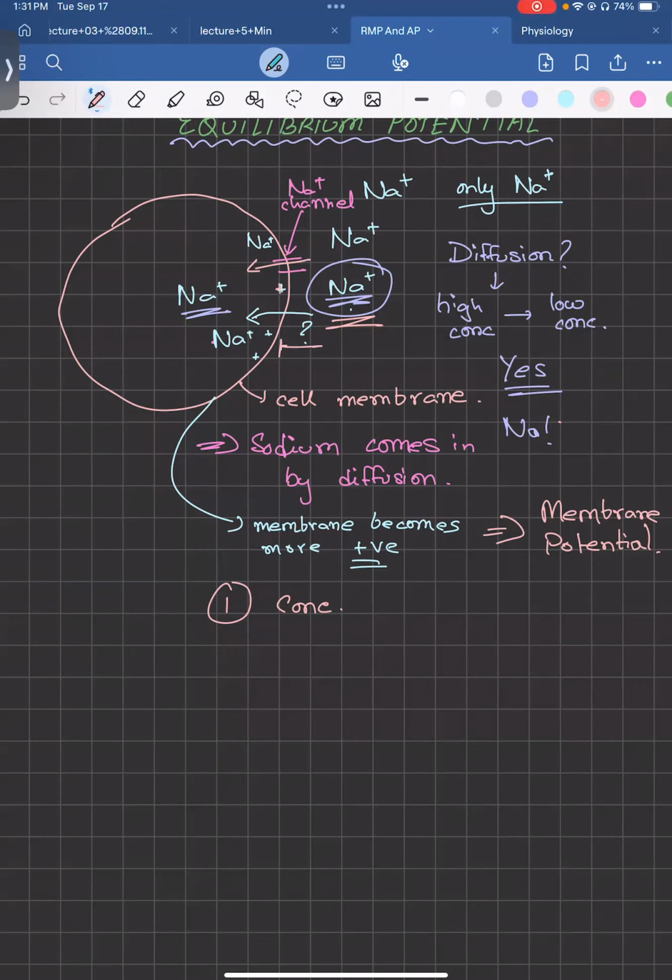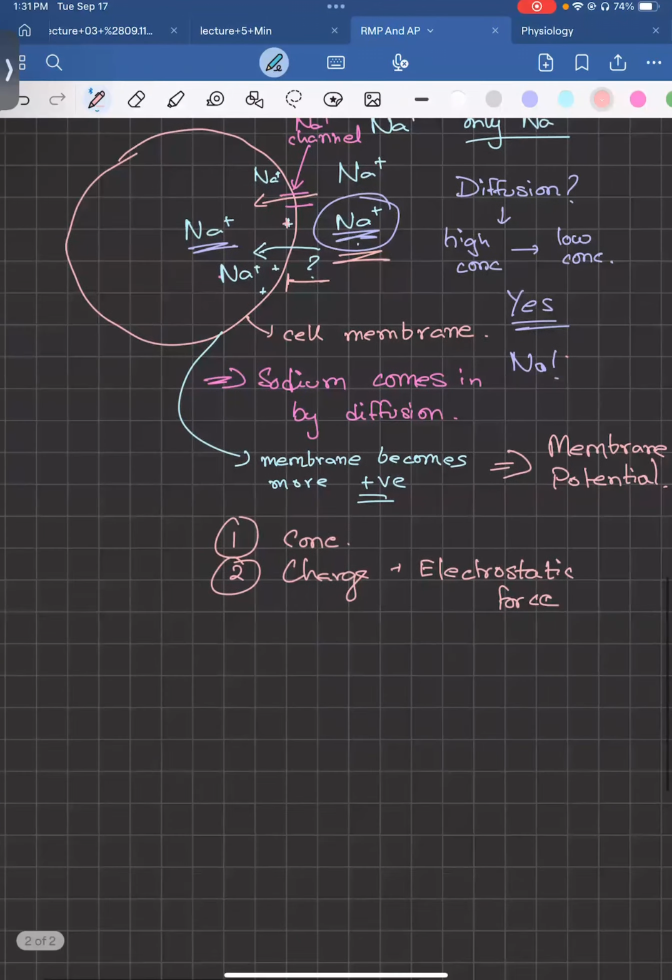And that's because of the charge part of it, or just electrostatic force. And this is the concentration gradient. So these two forces are what's going to determine the movement of sodium.